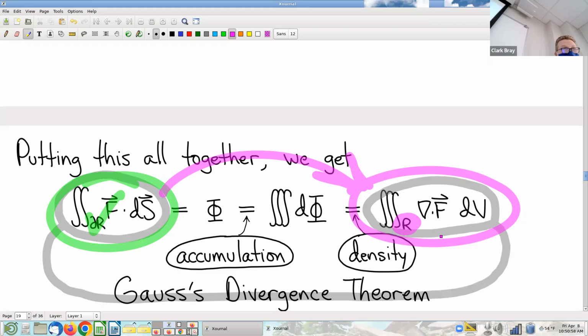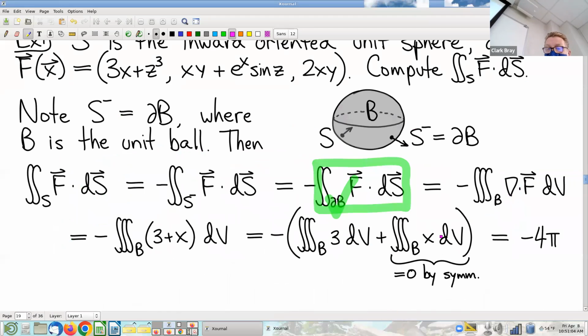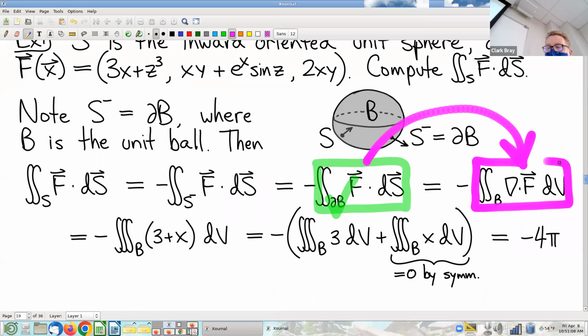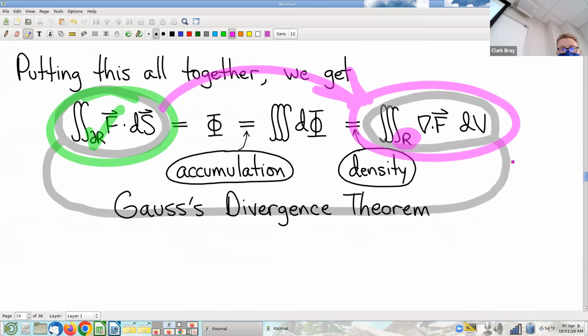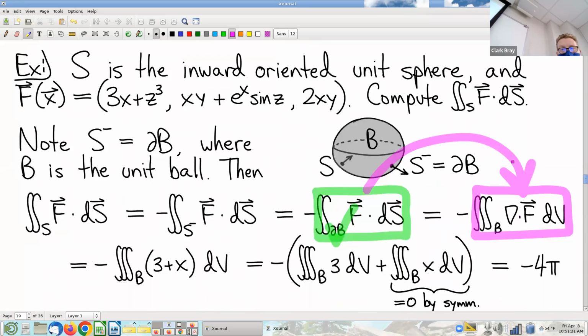Y'all may recall, I like to call that the anti-boundary. I think that kind of rolls off the tongue nicely. So here it is: that boundary flux integral, I'm just rewriting as a triple integral of divergence. There's where I invoke the divergence theorem, right here.